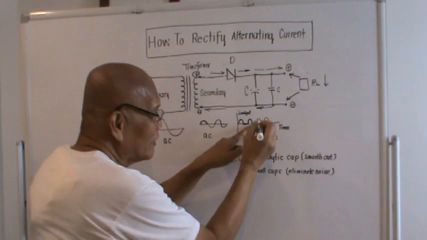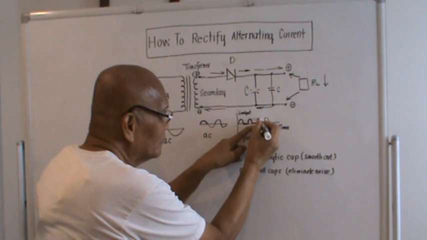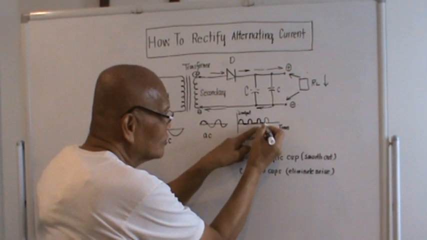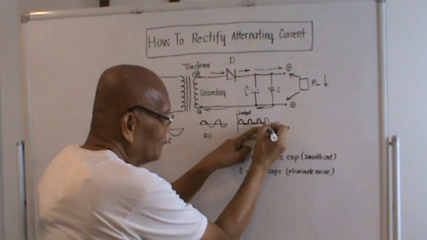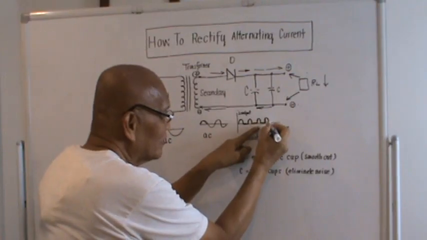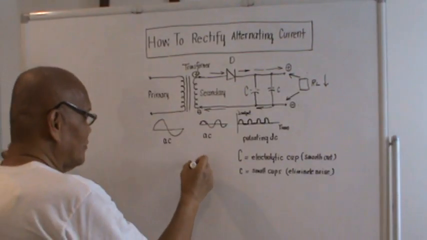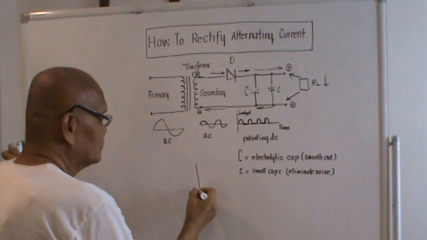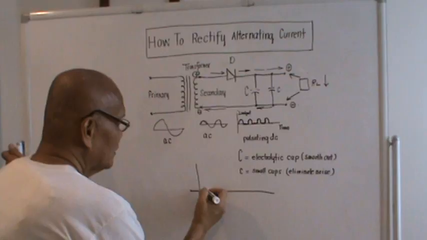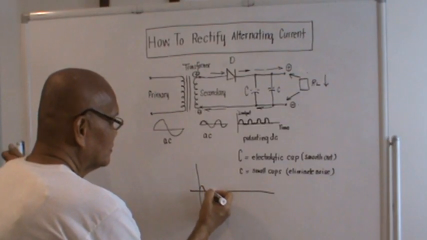During the positive alternation, this will again be the current. Negative alternation, this will be the current, zero. Positive alternation, this will be the current, then so on. So as you try to see the graph, it is something like this.